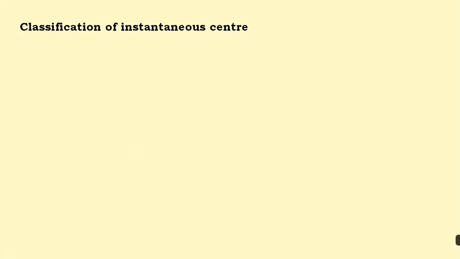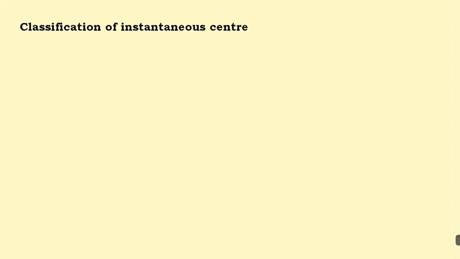Next, we go for the next topic, that is the classification of instantaneous centers. Again, there are different types of instantaneous centers. Rather than giving different names, all the points are taken as instantaneous center during the rotation of the link with respect to a particular one. To differentiate the conditions where they take place in the mechanism, we have considered different types.